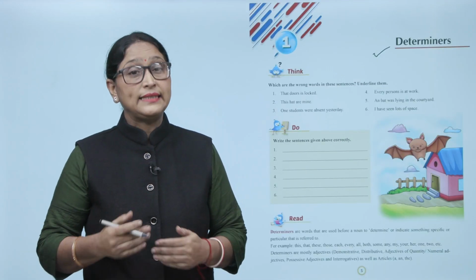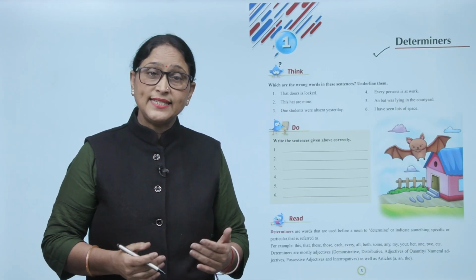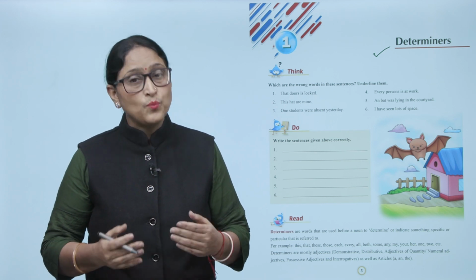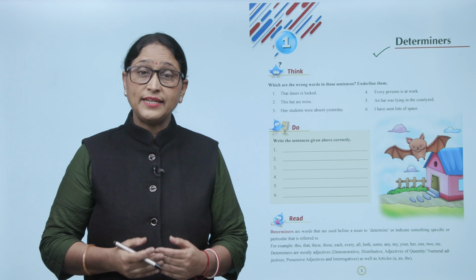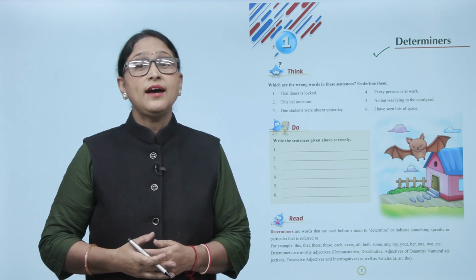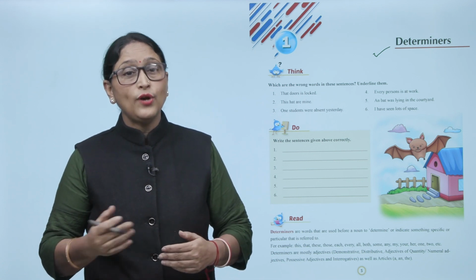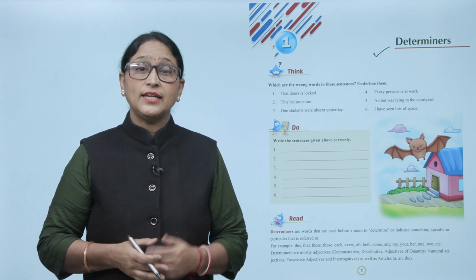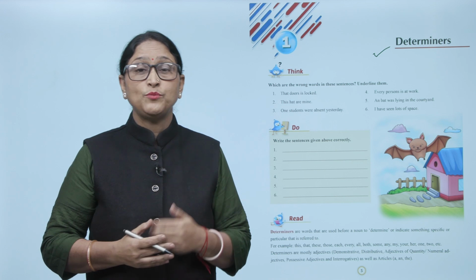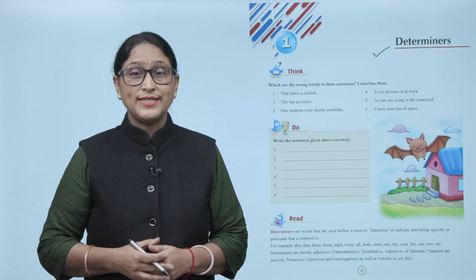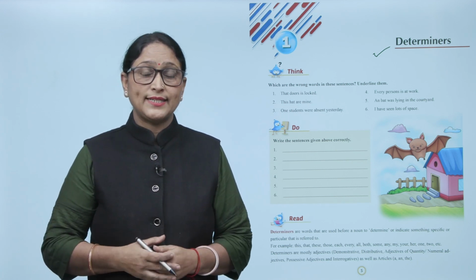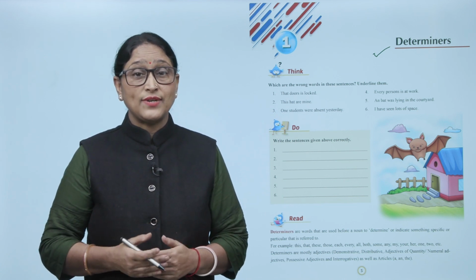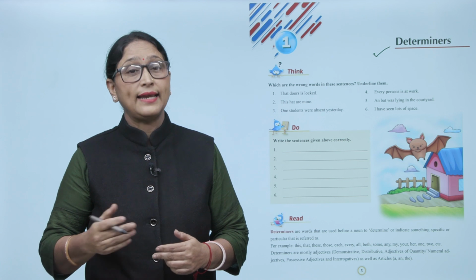For example, this, that, these, those, each, every, all, both, some, any, my, your, her, one, two, etc. Determiners are mostly adjectives: demonstrative, distributive, adjectives of quantity, numeral adjectives, possessive adjectives and interrogatives, as well as articles a, an and the.